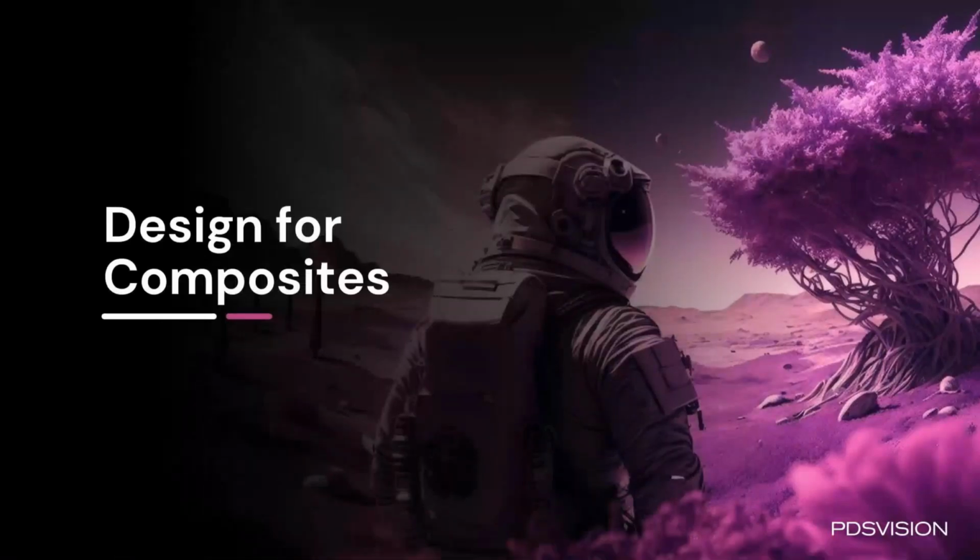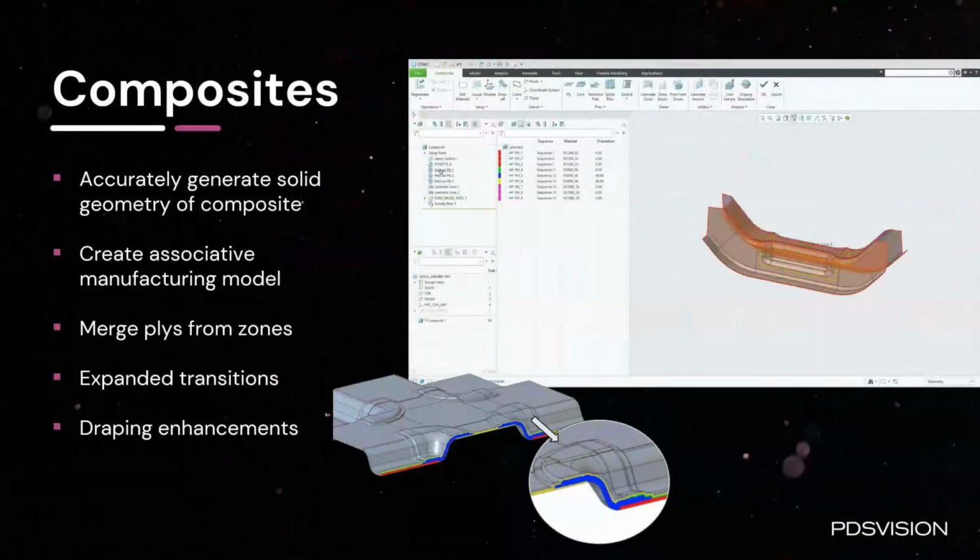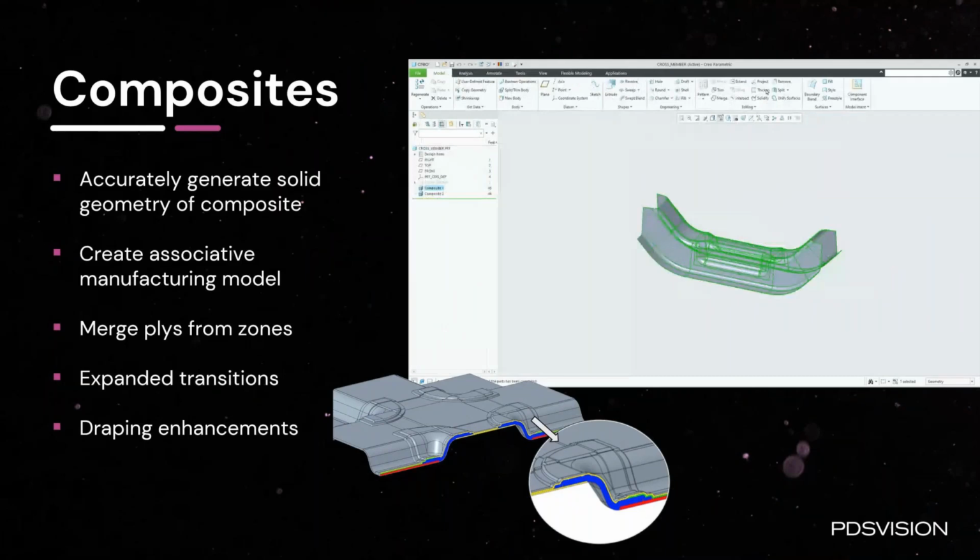Let's have a look at some of the other specific areas of Creo and some of the improvements. So we'll start off with composites here, design for composites. Creo 12 is actually the third iteration of PTC's composite design solution. In Creo 11, PTC introduced the idea of zone-based plies, allowing users to quickly create composite models with really large ply counts.